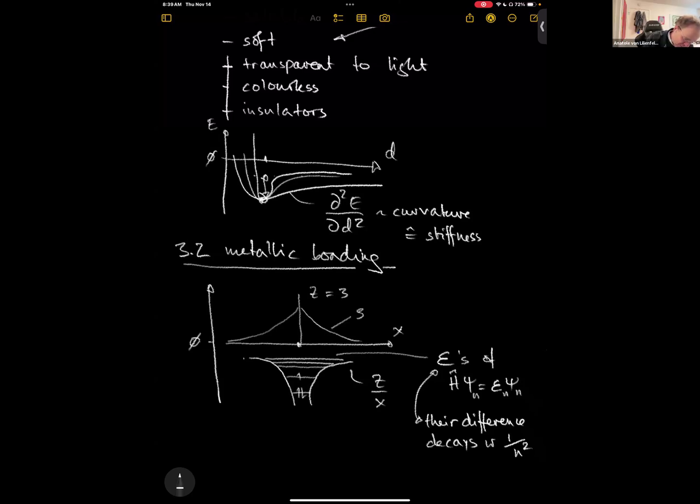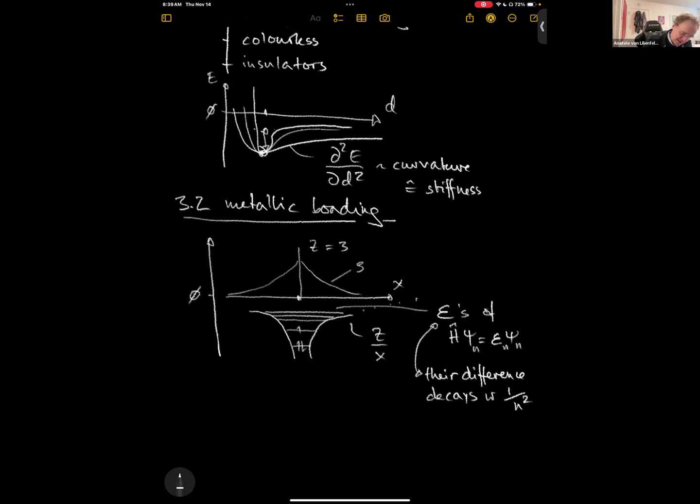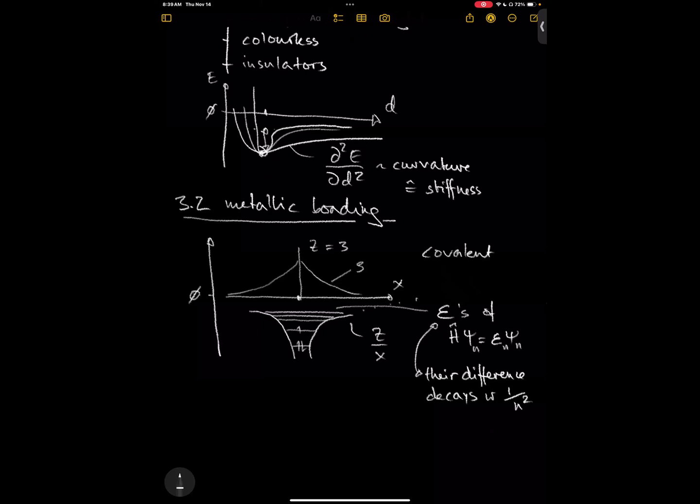And now, as you go out here, your spectrum will become denser and denser. And once you pass the zero, you're entering the conduction band where electrons would be free to travel and conduct electricity. So we are very, very far away from this. And this is the covalent picture in a lithium atom, so an early element.